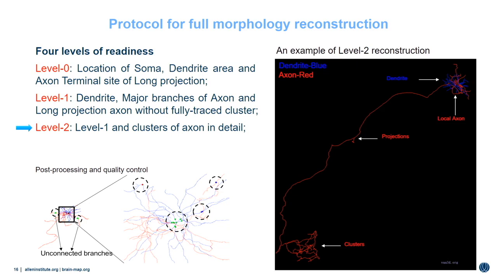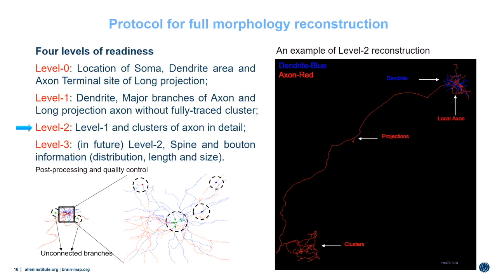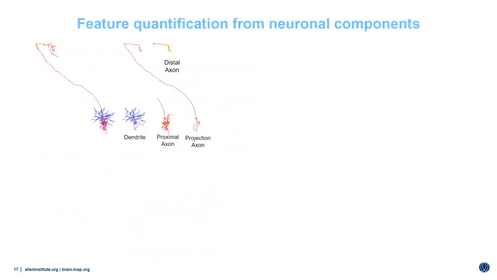Here's an example showing our level 2 reconstruction. And in the future, we'll also proceed to a level 3, which will recover from the raw image the spine, bouton information, and more. So these reconstruction data are then passed to the next step for quantification of features.